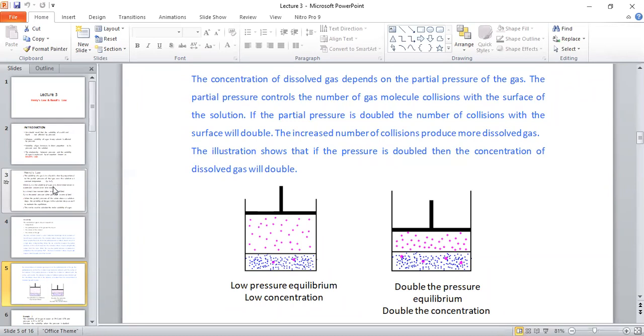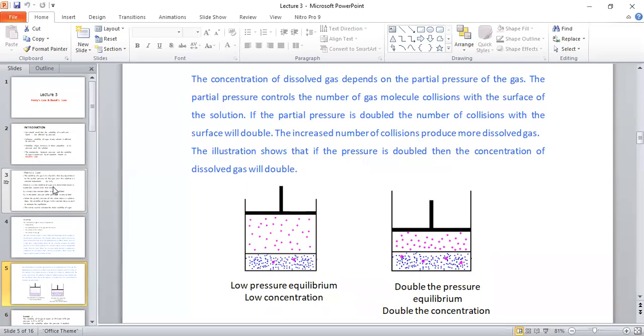At low pressure, you can see how scattered the gas molecules are, and just two gas molecules going into the solution. Then when you double the pressure, you double the pressure equilibrium, and you double the concentration.